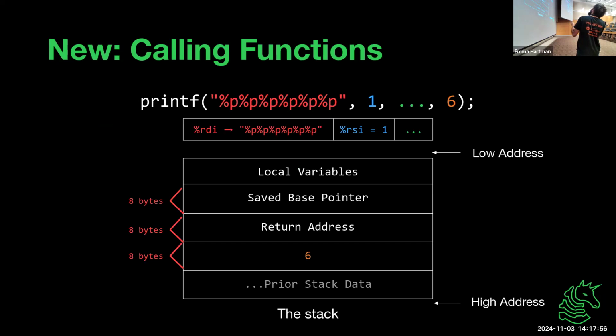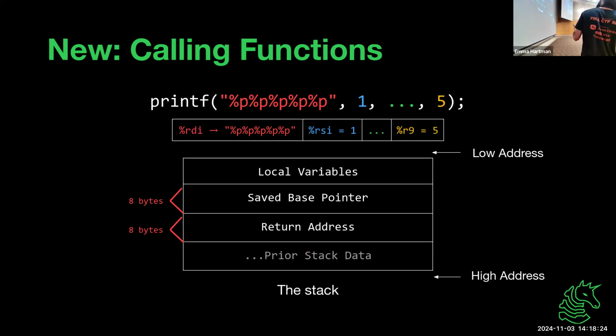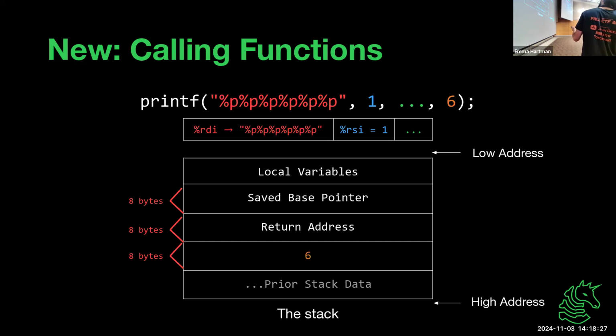So after a certain point, these arguments are located on the stack. If there's enough format specifiers, it starts shoving them onto the stack, right? Because in the x86 calling convention, you only include the first 6 arguments in your registers. Everything else gets shoved onto the stack. So once I have enough format specifiers, printf will look at all the registers for the first few format specifiers, because that's how we call functions. But past that, we start putting them onto the stack.